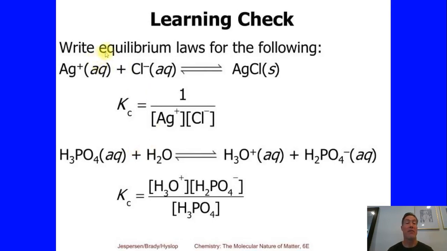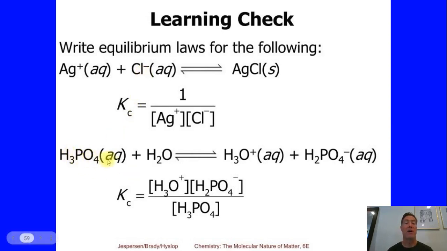So for example, if we have an equilibrium, writing the equilibrium law for this, we have these two ions, and then we have a solid here. Well, we're not going to include this, so we're going to write this as just 1 over, and then we'll put our reactants here. Remember, it's products up here raised to their coefficients, but here we don't have any. So we're just going to put a 1, and then divide by the reactants raised to their coefficients.